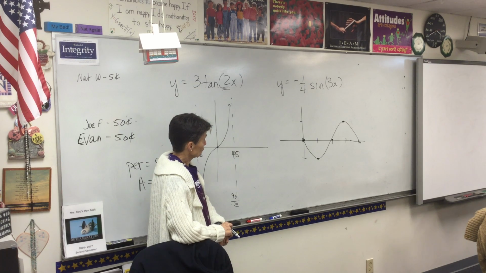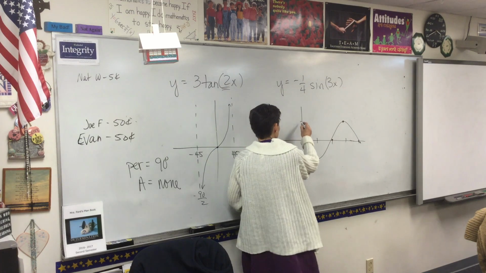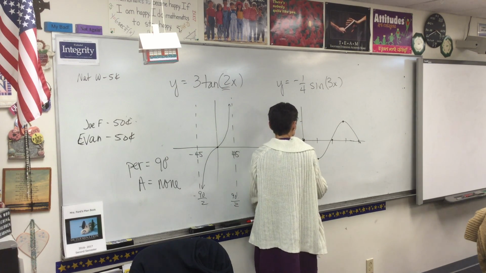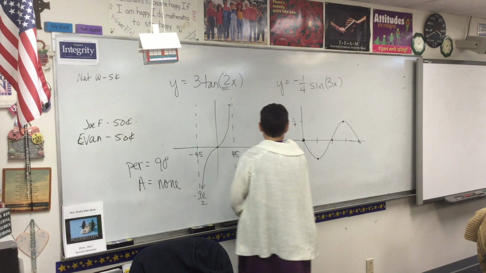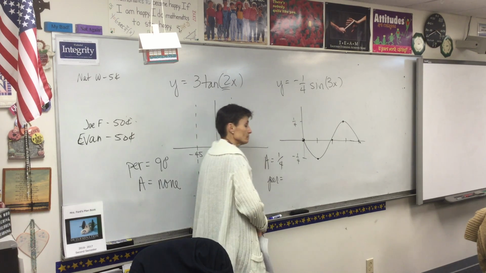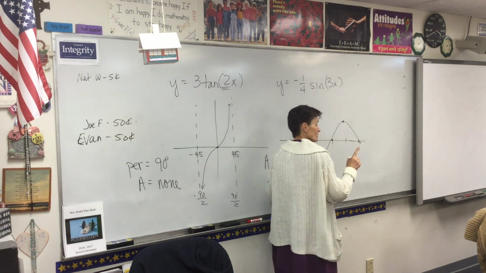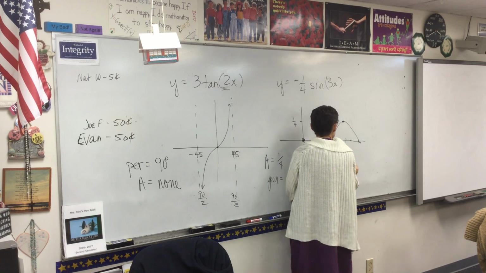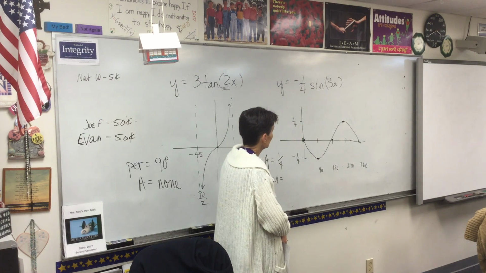Now, what about labels? What are my vertical labels going to be? 1/4 and negative 1/4. Making my amplitude 1/4. Now my horizontal labels are supposed to be what? What are they normally? 90, 180, 270, 360. That's exactly right. Those are the normal labels.